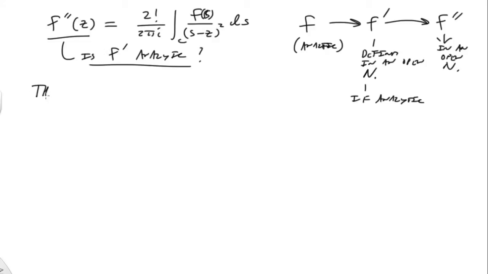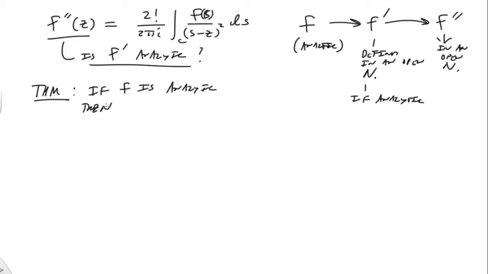And it turns out this is true, so we can write this down as a theorem: if f is analytic, then all derivatives exist and they are all analytic.